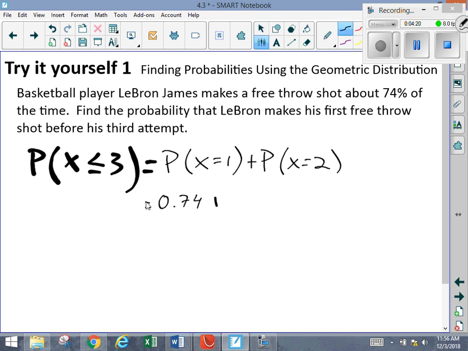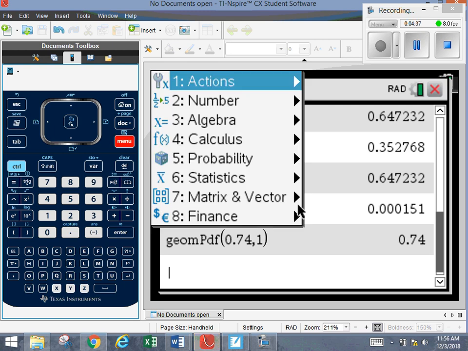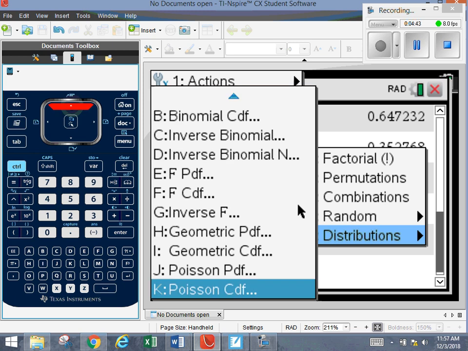Now, what's the probability that he makes it on the second try? In other words, we're saying he shot one, he missed, right? Shoots the next one and makes it. What's the probability of that occurring? We're going to go to the same place, menu, probability, distribution. We go up to geometric PDF.